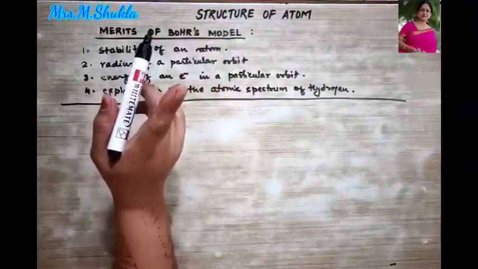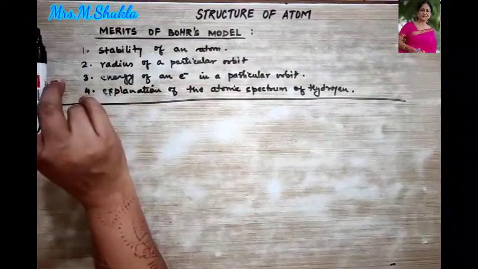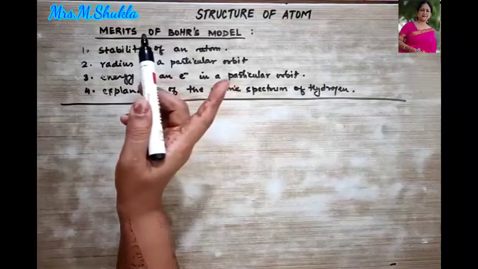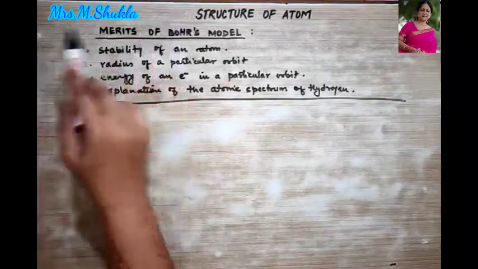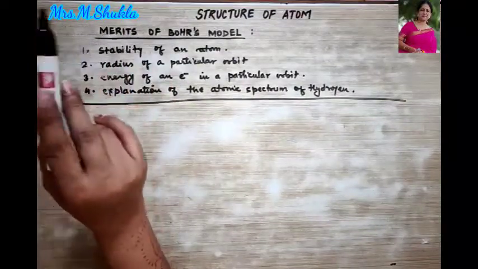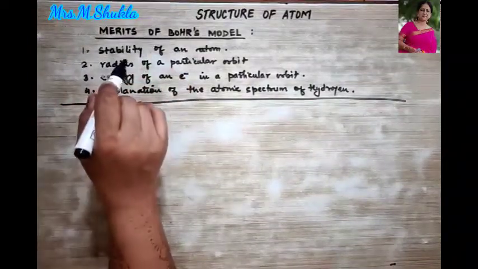I hope the first point is very clear to you. I repeat, understand this point. As per Rutherford's model, it was not able to explain the stability of an atom. Why? Because while the electron was continuously moving in a circular motion, it was losing its energy and collided with the nucleus.